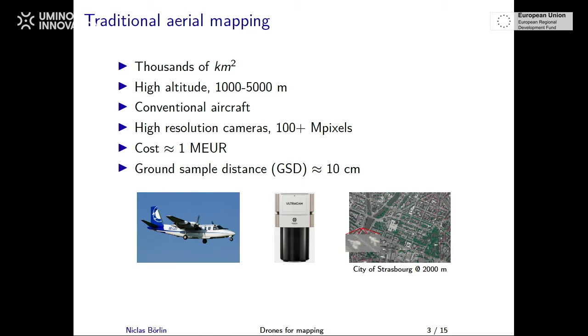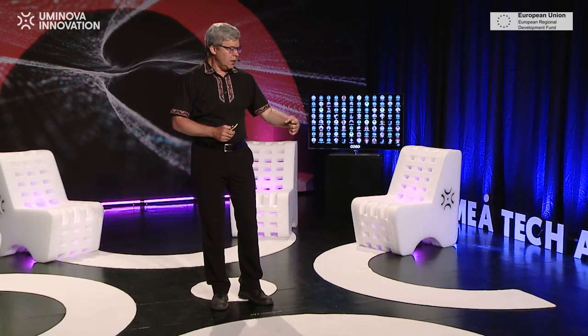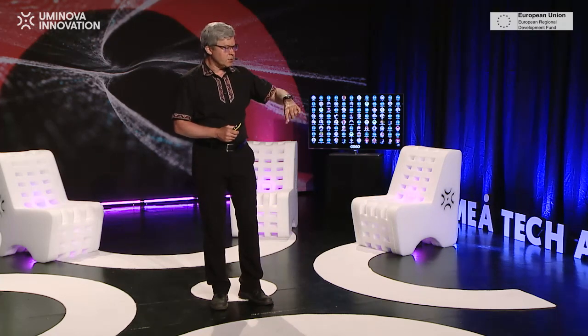In this example, 2,000 meters flying height, and with that camera, the size on the ground of each pixel is about 10 centimeters square. So that's the resolving power, or ground sample distance as it's called, in that application at that height.